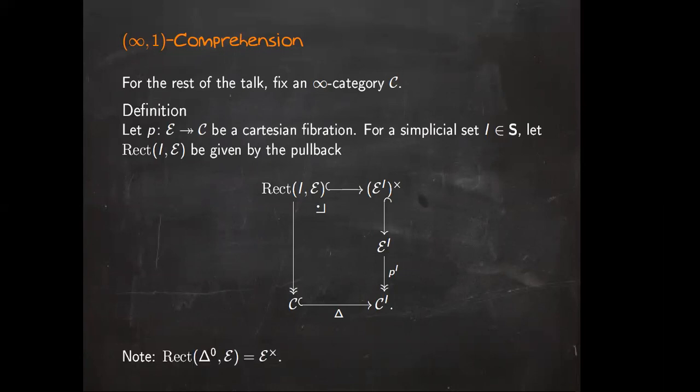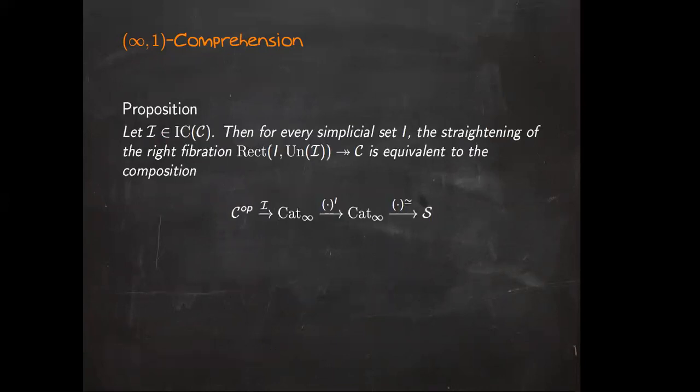As a special case, when we look at rectangular points in E, then this is just the core of E, right? So it has all objects in E, and the morphisms are exactly the Cartesian morphisms.